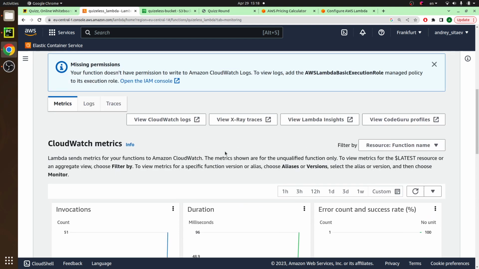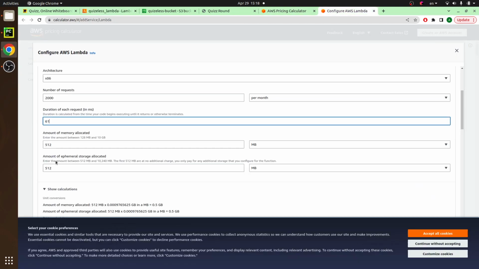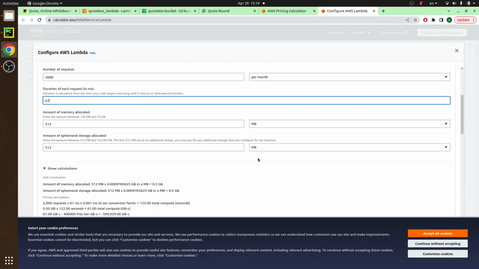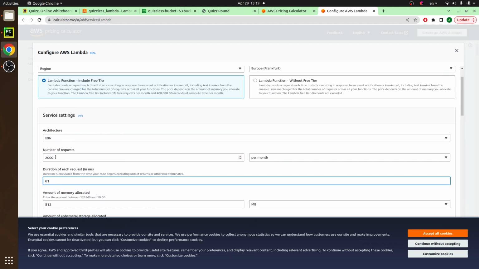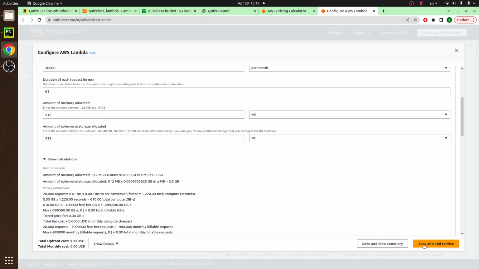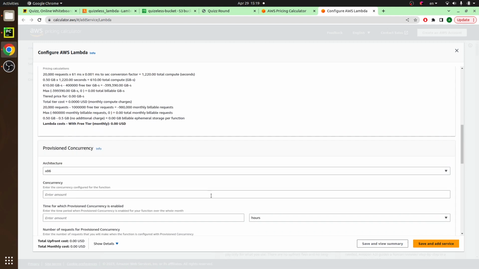So I should explore the statistics in more detail and determine the metrics for my pricing calculator for AWS Lambda more precisely. But again, I believe the free tier should be enough to run maybe several hundreds, maybe even several thousands of quizzes. And if I recalculate, could I recalculate? Yeah, that's easy. Still, I'm in the free tier.